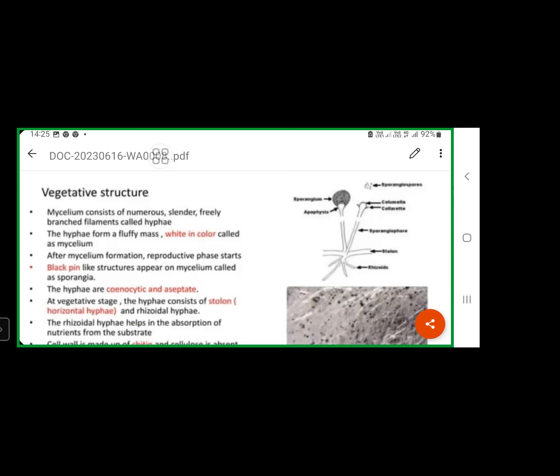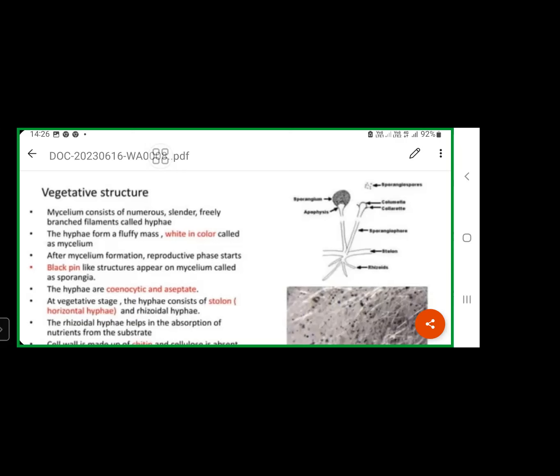If you observe this mycelium, it will show two types of growth. One is prostrate growth and another one is erect growth. Prostrate mycelium is buried deeply in the substratum, and this prostrate mycelium helps in two main functions. One is absorption of nutrients from the substratum and another one is giving mechanical support, just like anchoring.